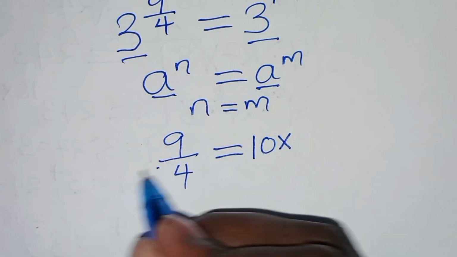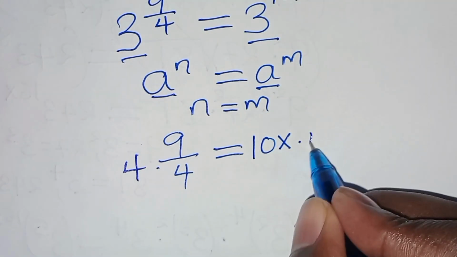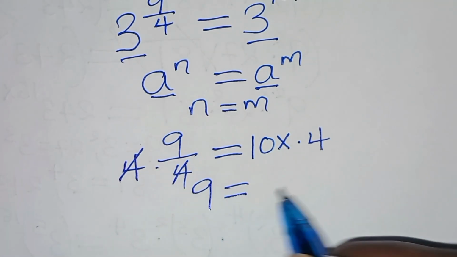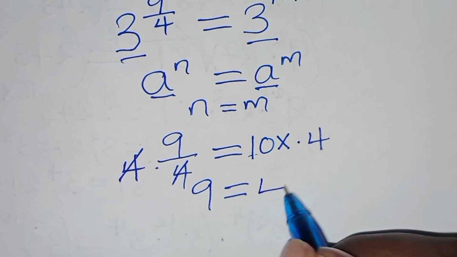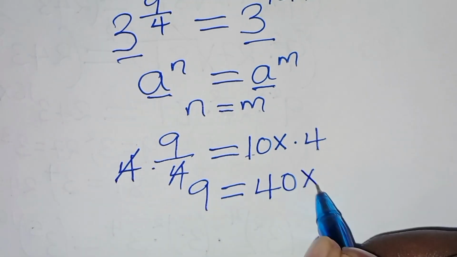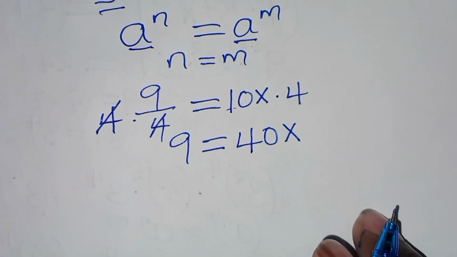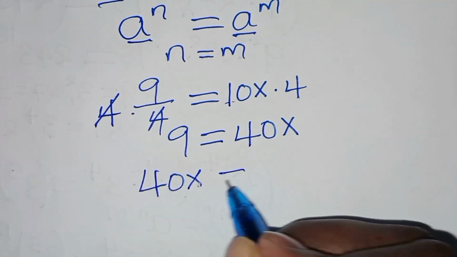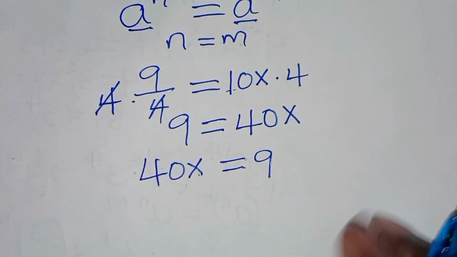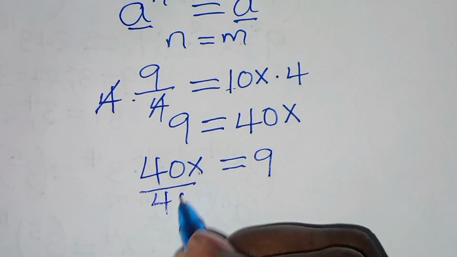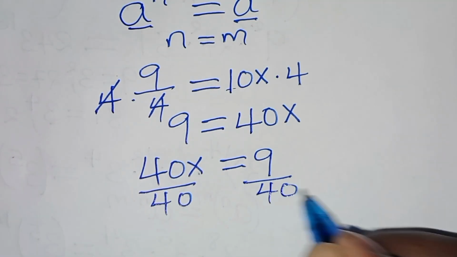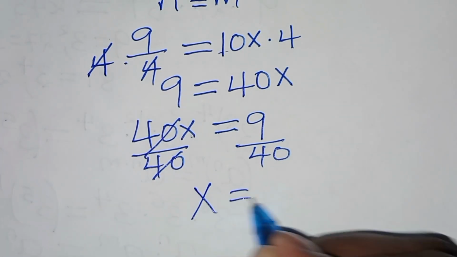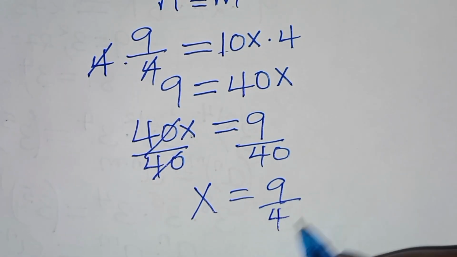So let's multiply both sides by 4 here, so that now here we have 9 equal to 10x times 4, this is 40x. So this is 40x, this is equal to 9. So let's divide both sides by 40, so that now x is equal to 9 over 40.